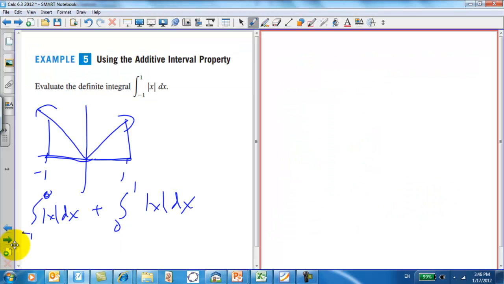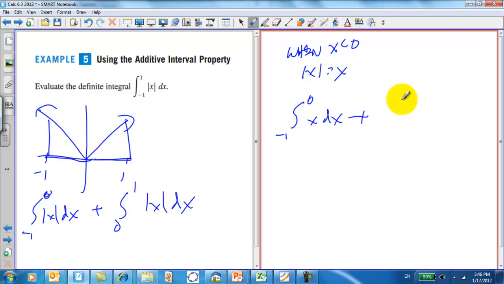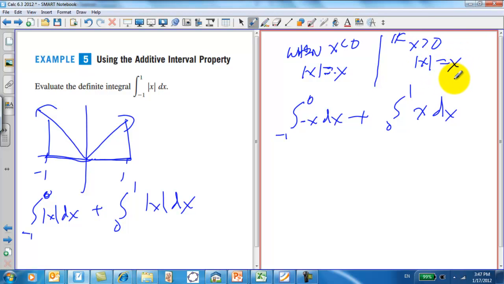And as a result, when x is less than 0, the absolute value of x equals the opposite of x, so you get the opposite of x there. When x is greater than 0, the absolute value of x equals x.